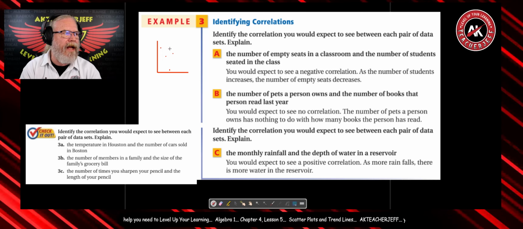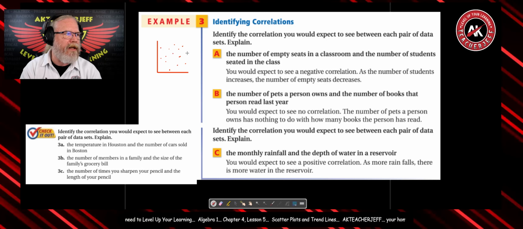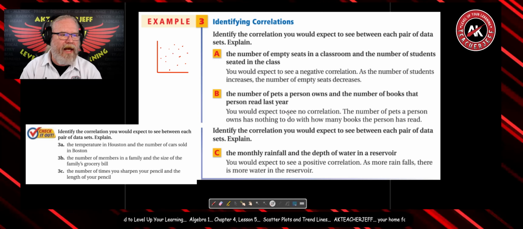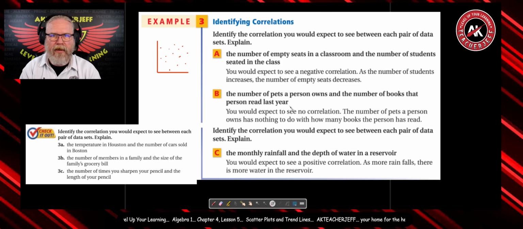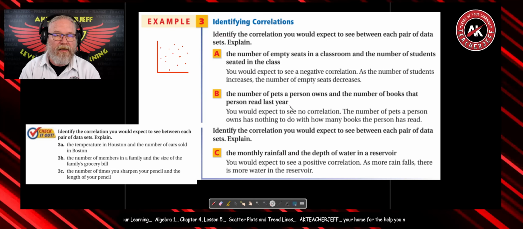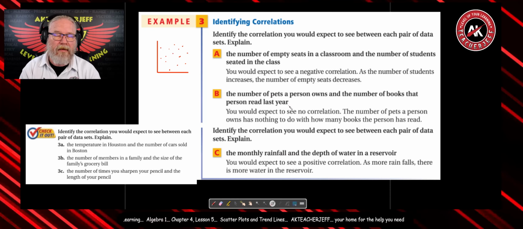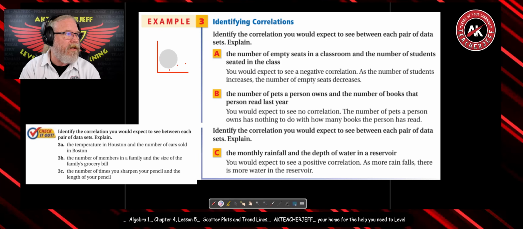And they would just keep asking this, and eventually you'd end up with data points that are all over the place, because when it comes down to it, the number of books that somebody reads has nothing to do with the number of pets they might have, unless, of course, they're reading a bunch of books about how to take care of pets. But they don't state that, so we just have to assume it's any books.